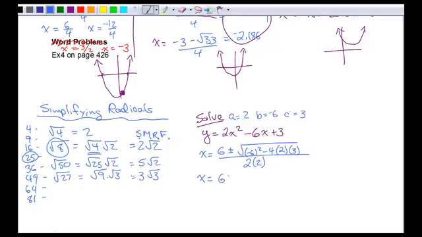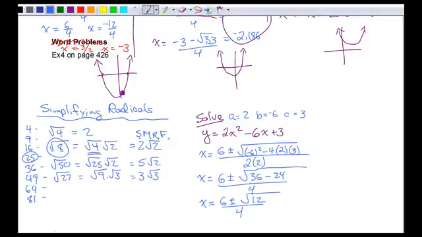So if we clean that up, we get 6 plus or minus the square root of 36 minus 24 over 4. That means x is equal to 6 plus or minus the square root of 12 over 4.